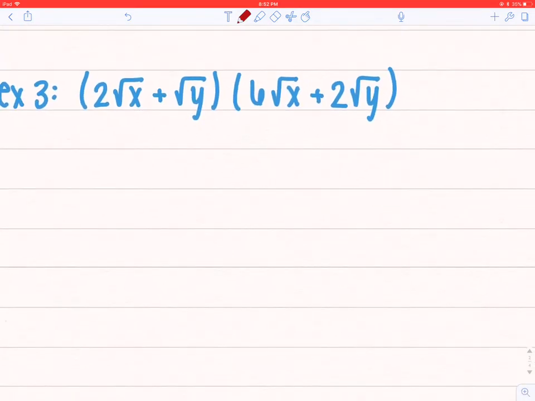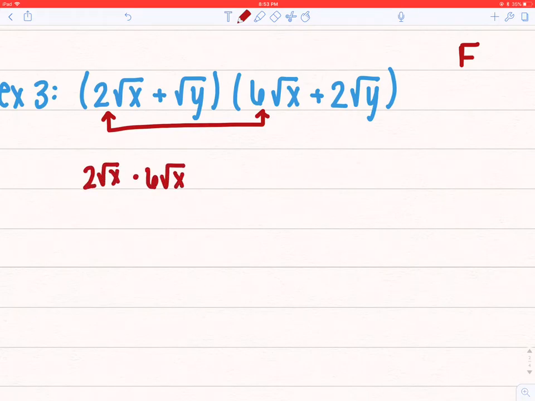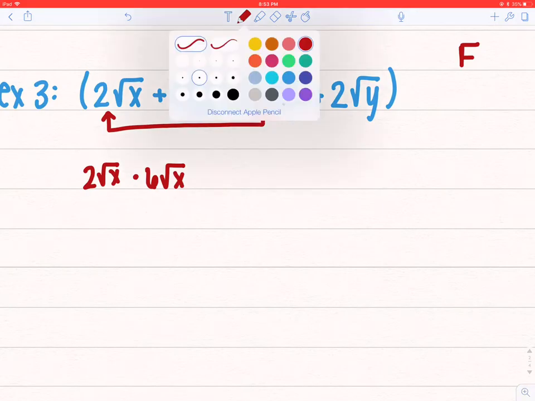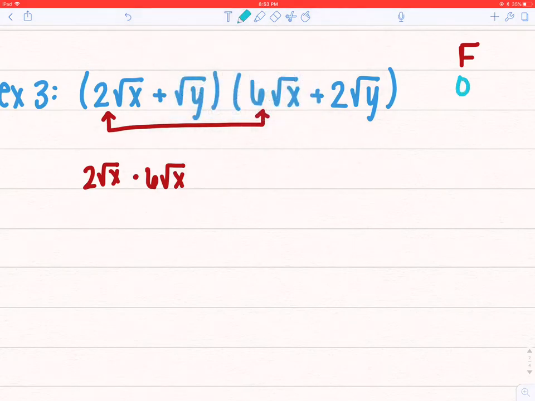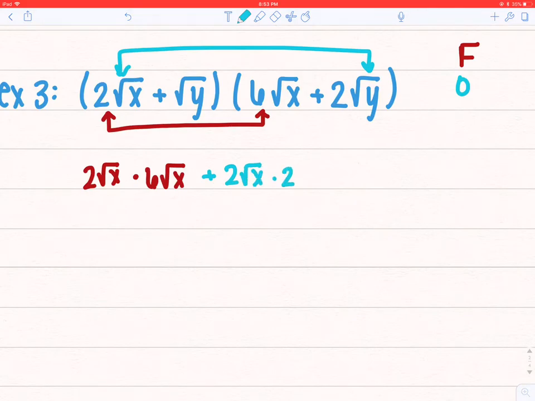So the first thing in FOIL says do the first. So first off, I'm just going to write them down. 2 square root of x times 6 square root of x. And I'm going to do the outer. So I'll have 2 square root of x times 2 square root of y.